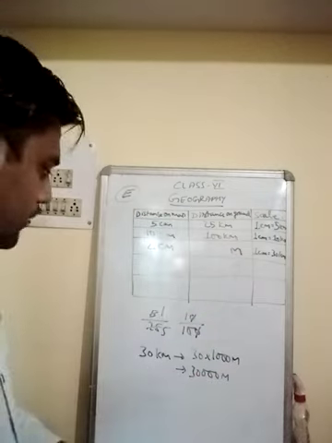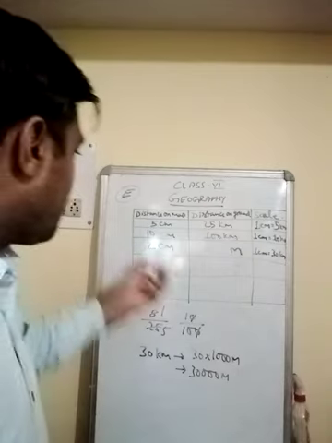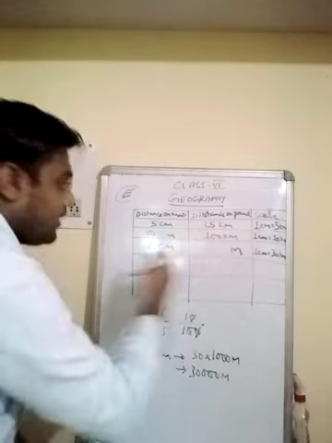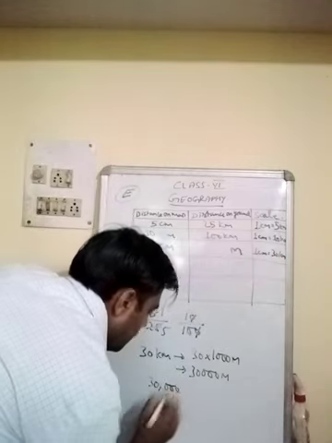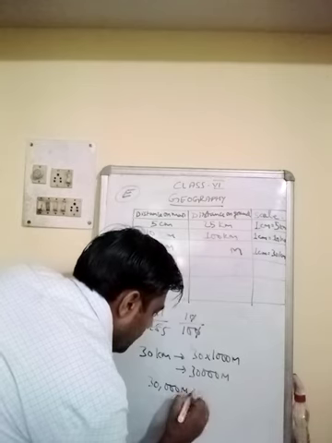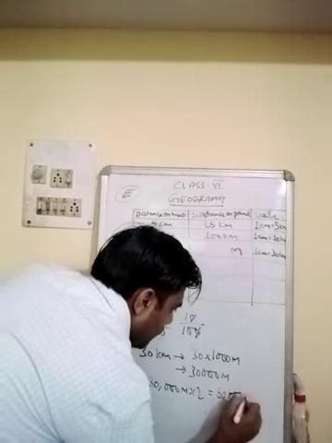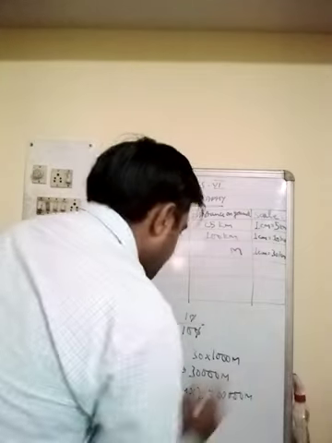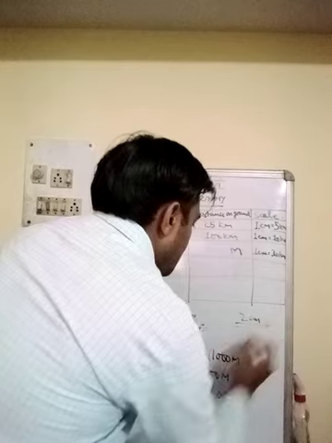And then this 30,000 meter needs to be doubled because 2 centimeter. So instead of division here, since the scale is already given, we'll multiply it. 30,000 meter into 2 equals 60,000 meter.